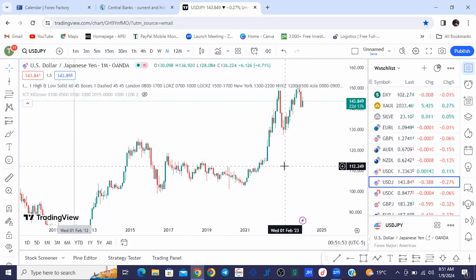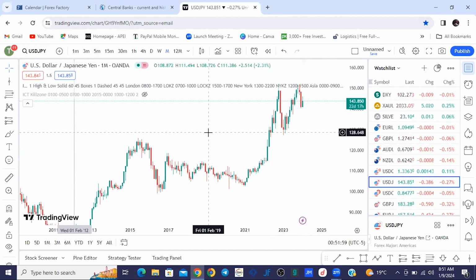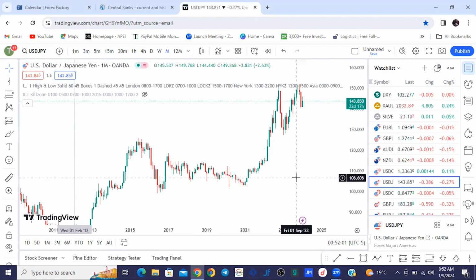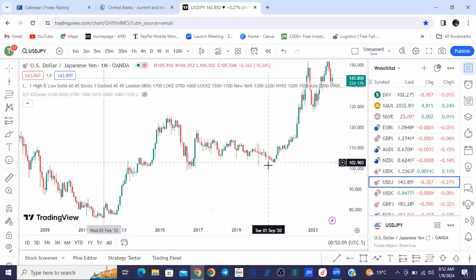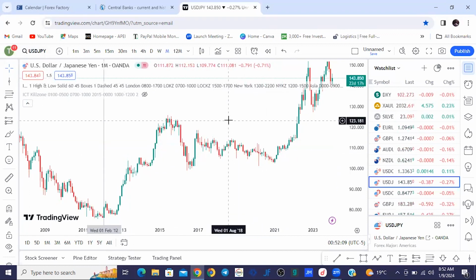This is where the category of investors comes into place. For me, I am a short-term trader, so I don't have the patience to hold a trade for a year or even a month. I just like entering the market today, making whatever I'm going to make, and then exiting the market.